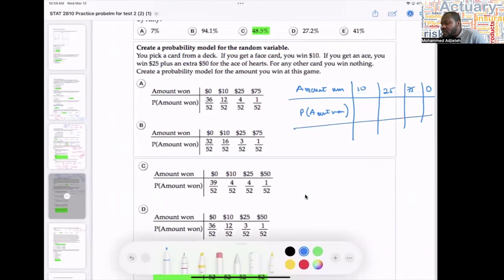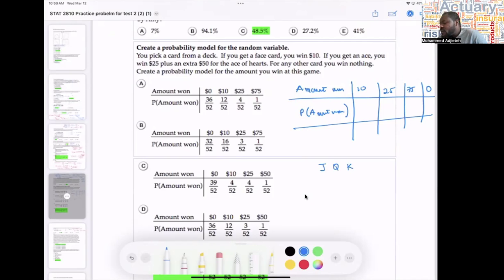Let's begin with the easy one. We are told that if you get a face card, you win 10. We've already talked about this. Face cards are Jack, Queen, and King.